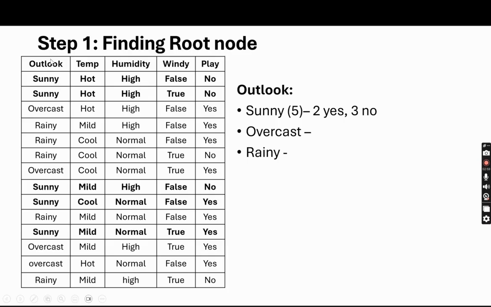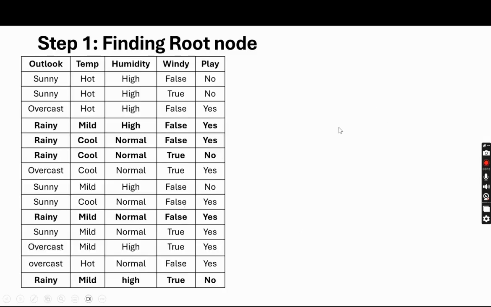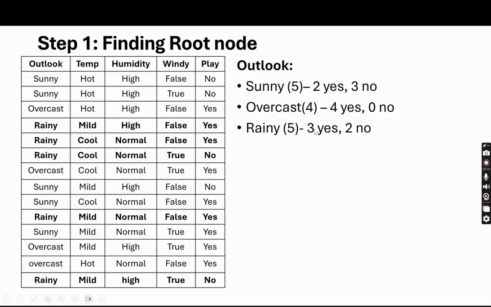For overcast, there are 4 values, and out of 4, there are 4 yes and 0 no. And out of 5 rainy, there are 3 yes and 2 no.